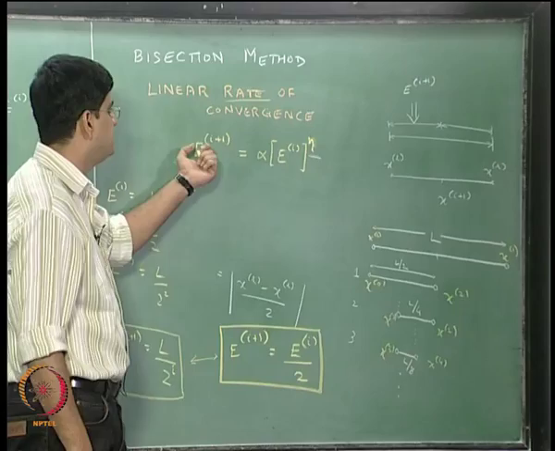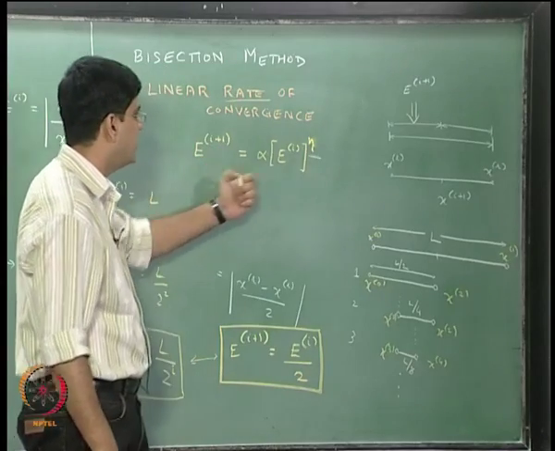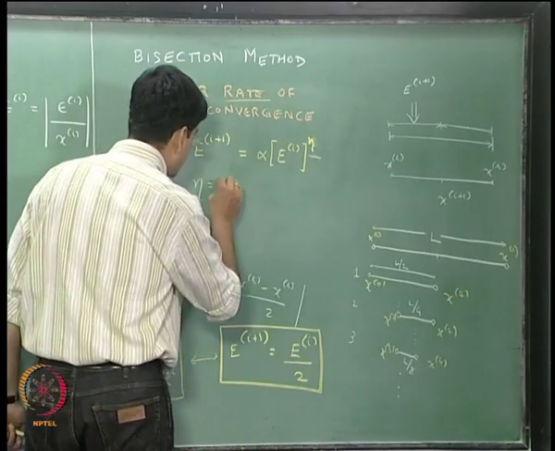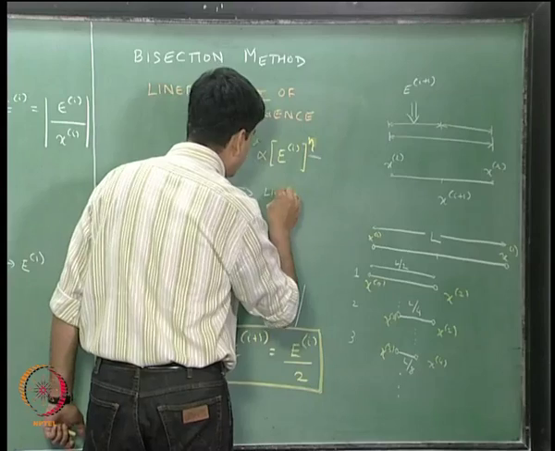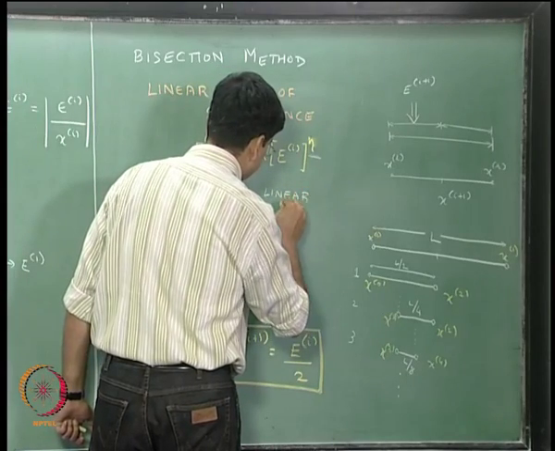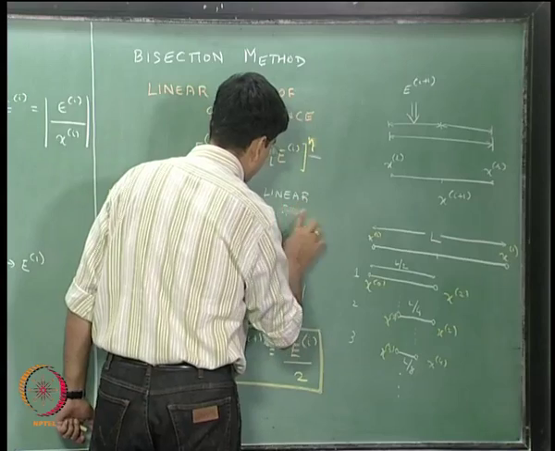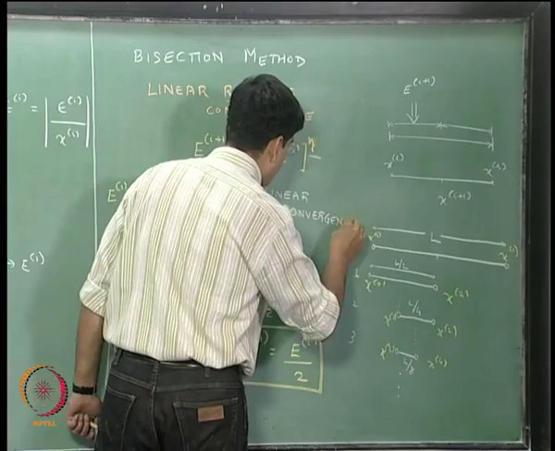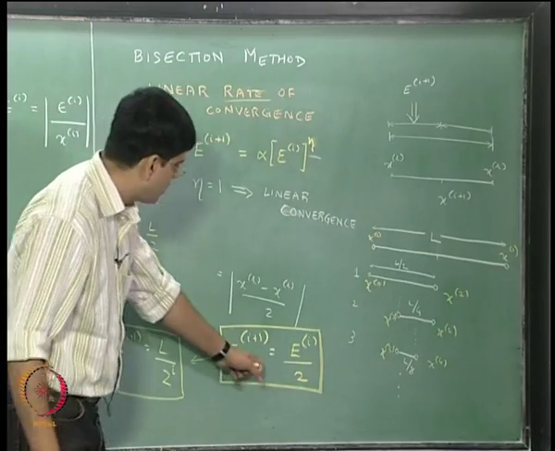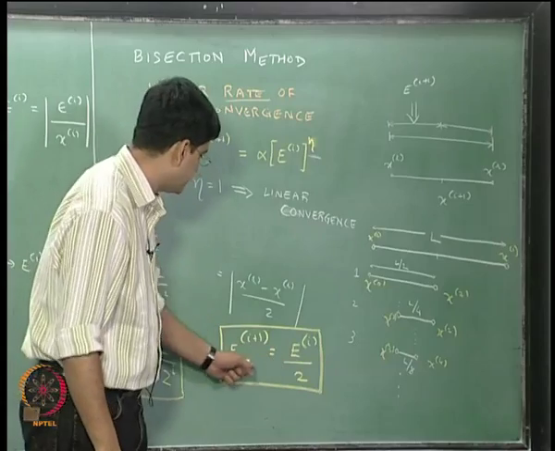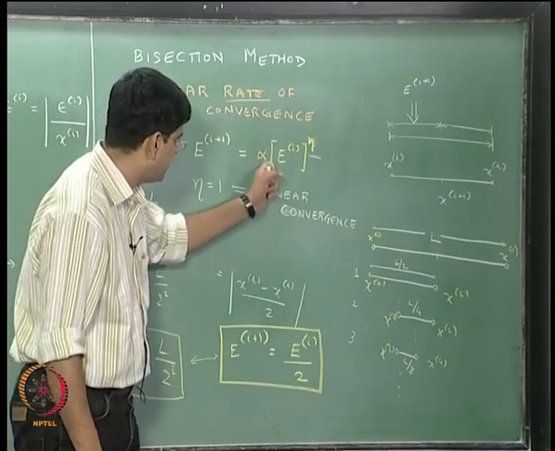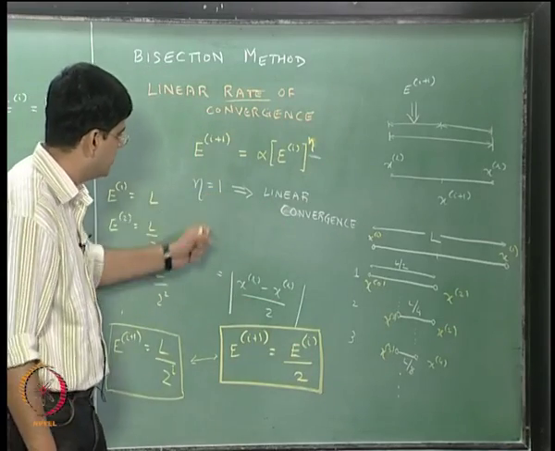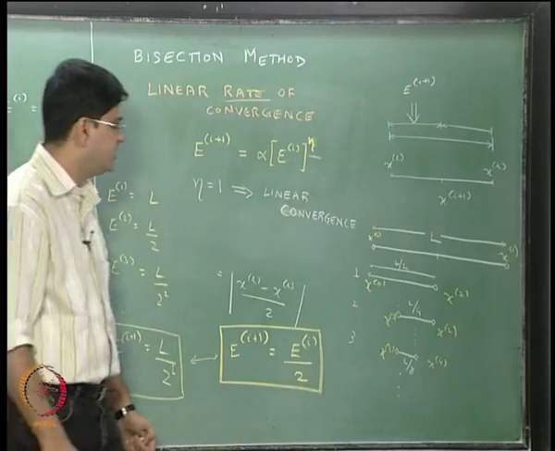What that essentially means is how the error in the (i+1)th iteration is related to the error in the ith iteration. If eta equals 1, we call this a linear rate of convergence, and this is what we really get for the bisection method. E_{i+1} is nothing but half, that means alpha equals half, multiplied by E_i to the power 1, and so in this particular case eta is equal to 1 and we get a linear rate of convergence.